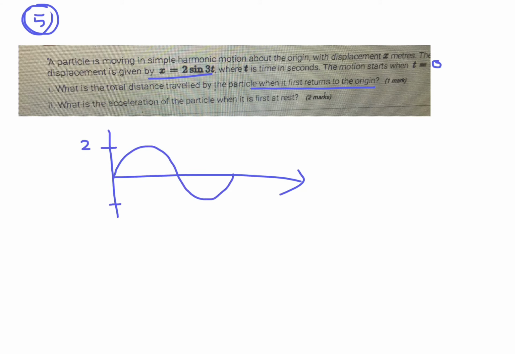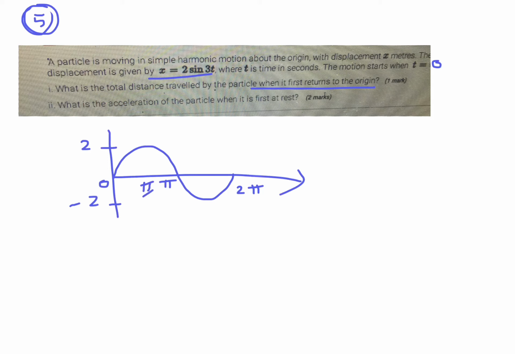Moving in a straight line, the measurement of the particle starts when t equals 0, which is 0 there. What is the total distance travelled by the particle as it first returns to the origin? So you might be better off actually sketching this one. This is a sine curve that oscillates between 2 and minus 2, 0, pi, and 2 pi.